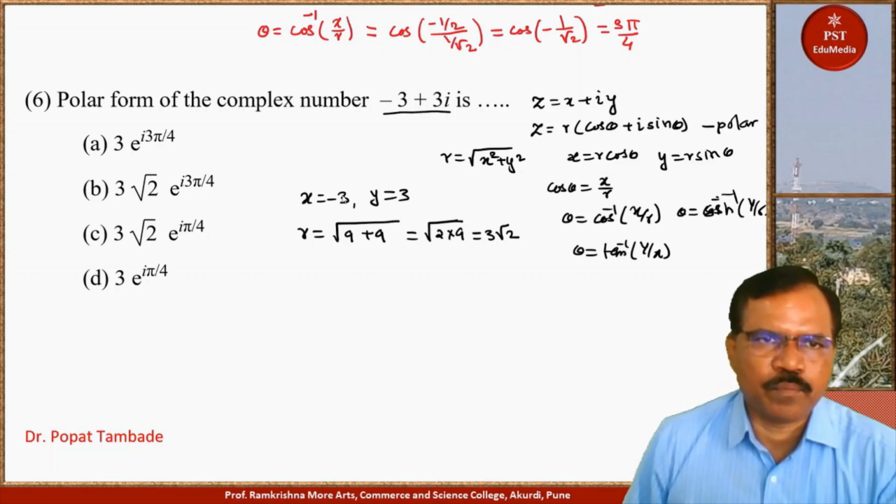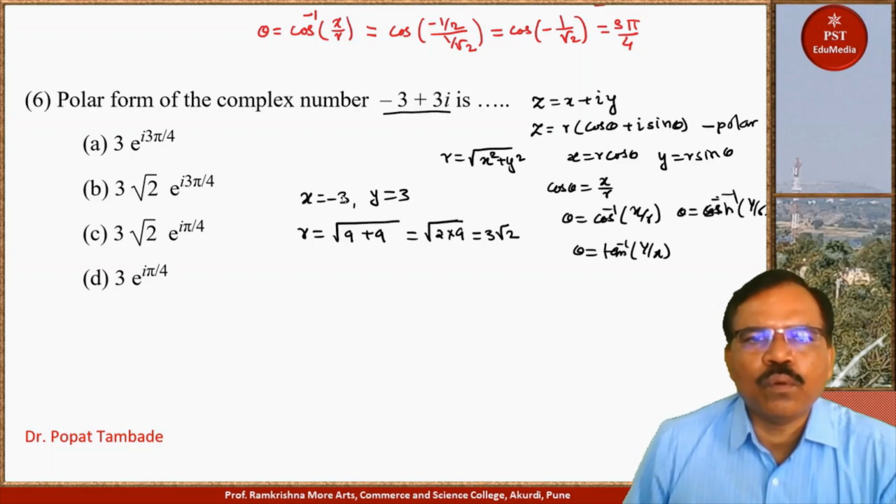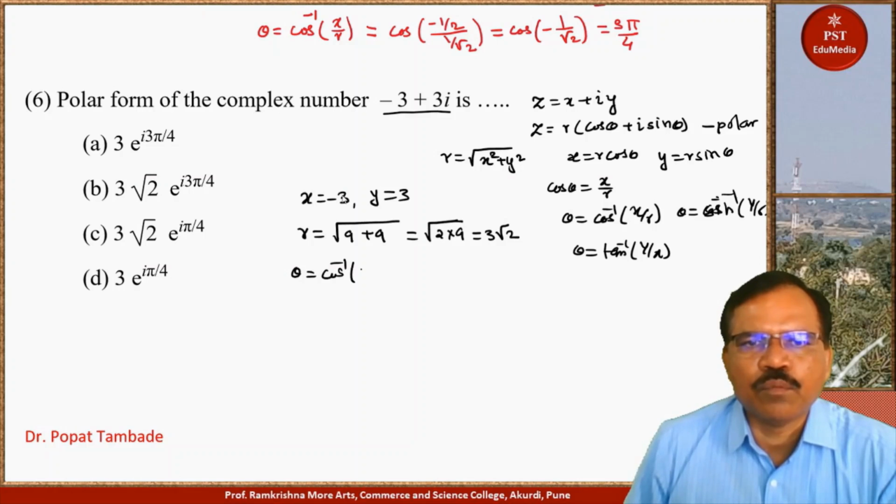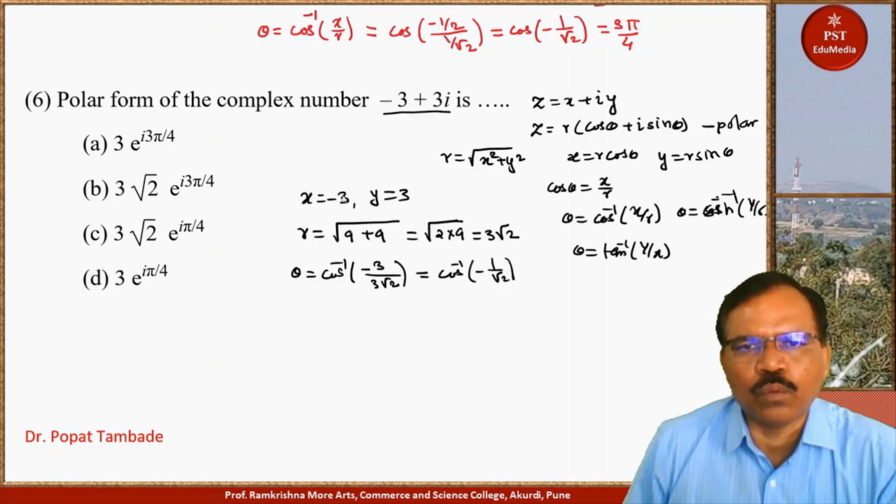That is r. Now theta is equal to cos inverse x, x is minus 3, r is 3 root 2. So we get here cos inverse minus 1 upon root 2, and this is equal to 3 pi by 4.